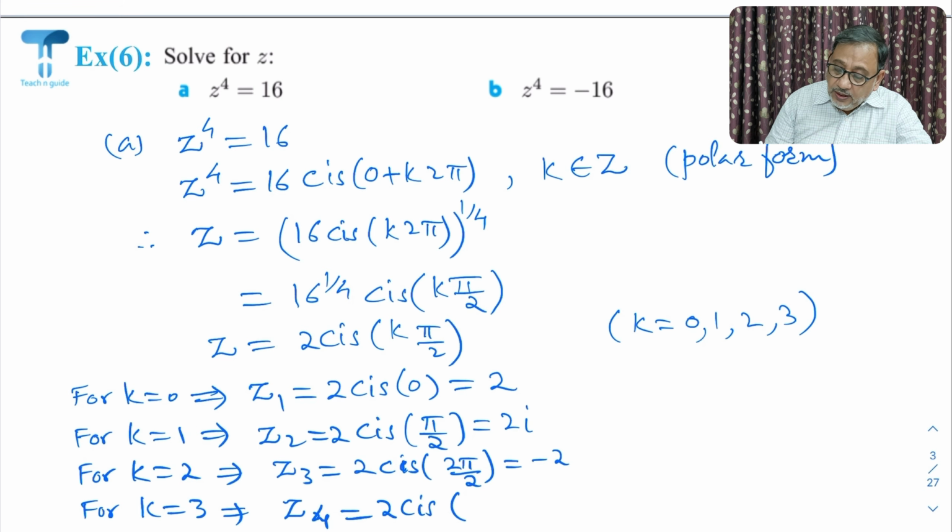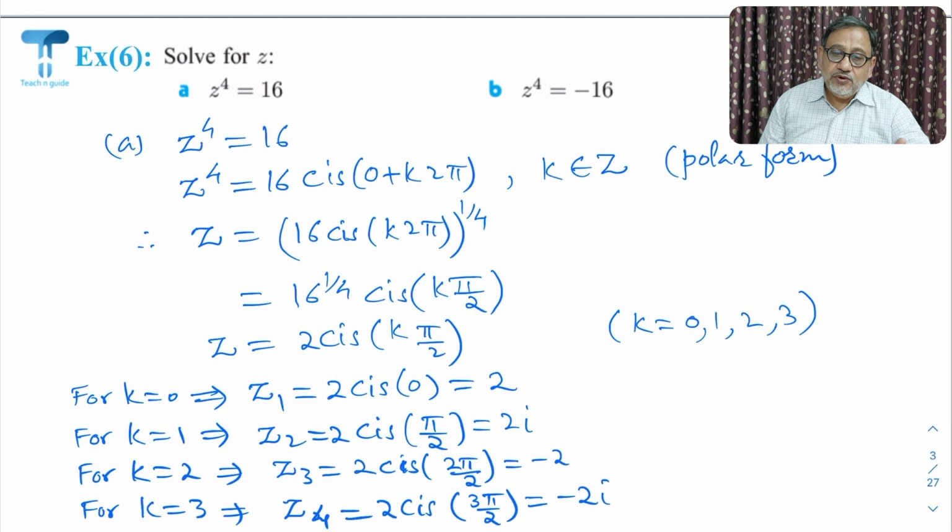So 2 into minus 1 will be minus 2. The last one will be 3 pi by 2. So now this will be on the negative imaginary axis, therefore minus i, so minus 2i. So look here, they are in conjugate pairs: a complex number and its conjugate, then 2 and minus 2.